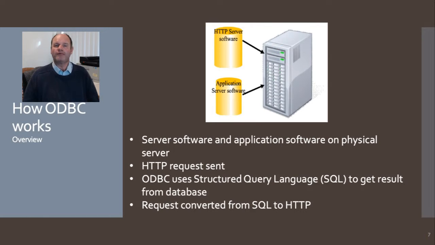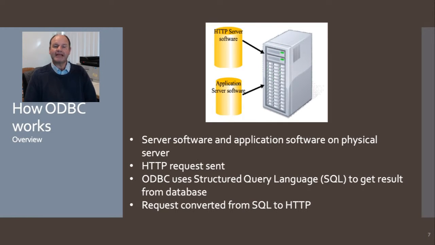Here's a general overview of how the process works. The HTTP server software, which is used to store, retrieve and display the web pages, as well as the application server software, such as the database software, i.e. Access, are both kept on the same physical web server.